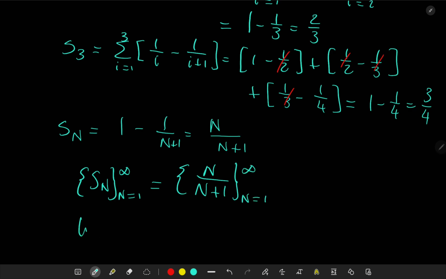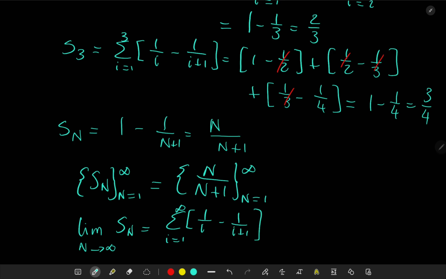So the limit of this sequence, you see, I'm using the sequence of the partial sums to compute the value of the series, which is the sum from i equals 1 to infinity of 1 over i minus 1 over i plus 1.